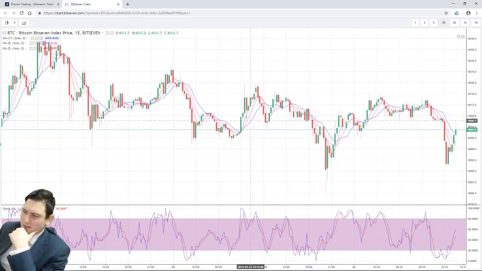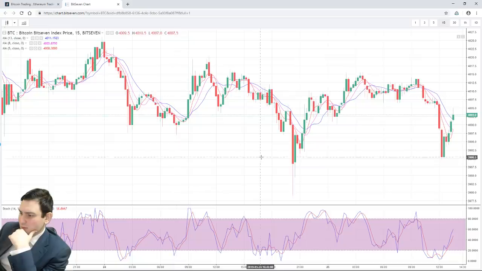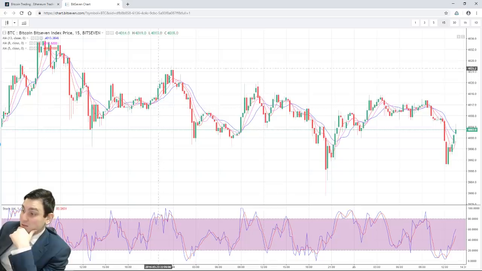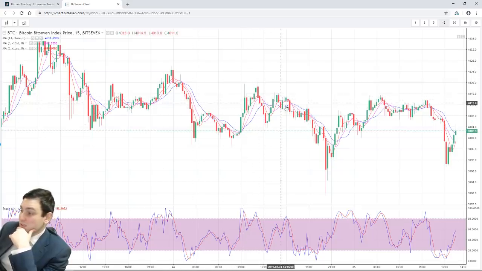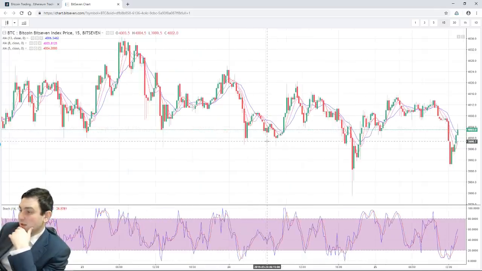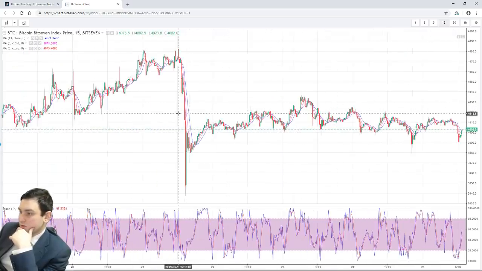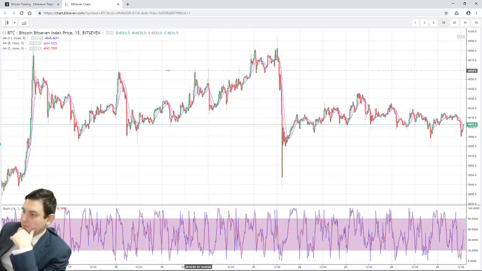You can say that the beginning of the downtrend began here at the beginning of the 24th, but you see it was compensated, and generally it's fluctuation over the same line. The same picture, except more volatile, and this huge dip down.